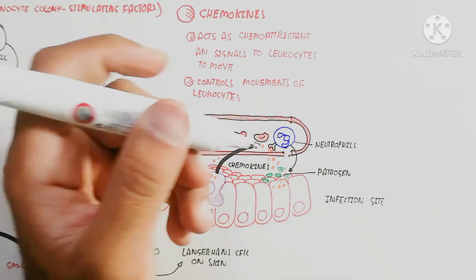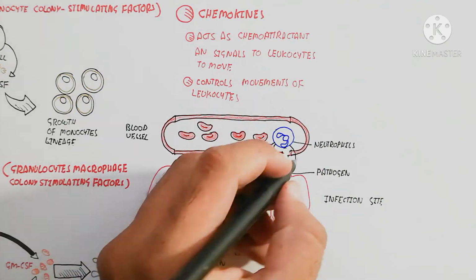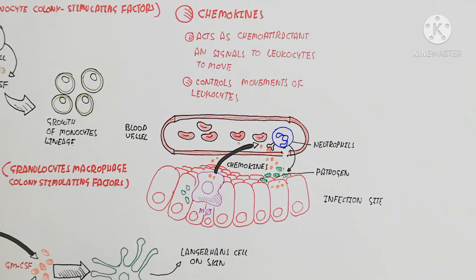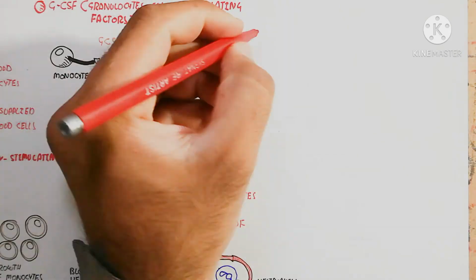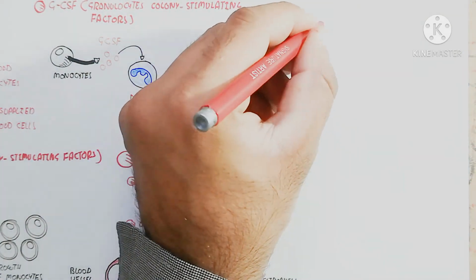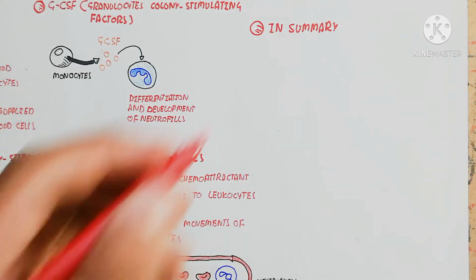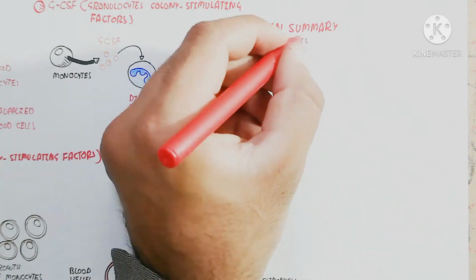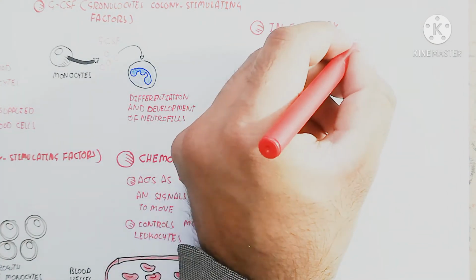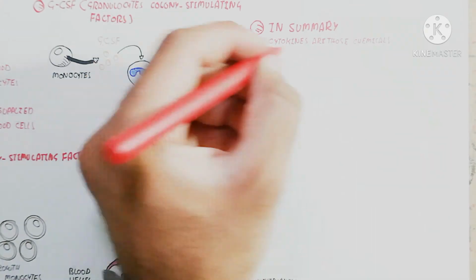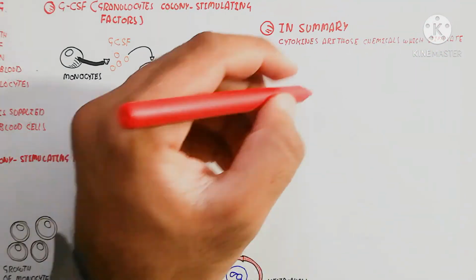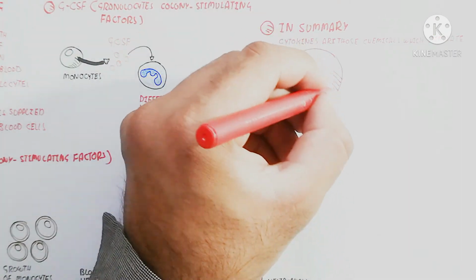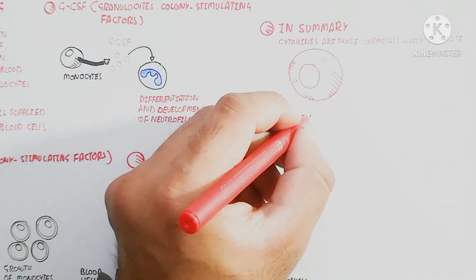So the important thing is that cytokines are basically stimulating factors, and this stimulating factor stimulates another cell to recruit or give a response by this mechanism. Just understand it by this definition.